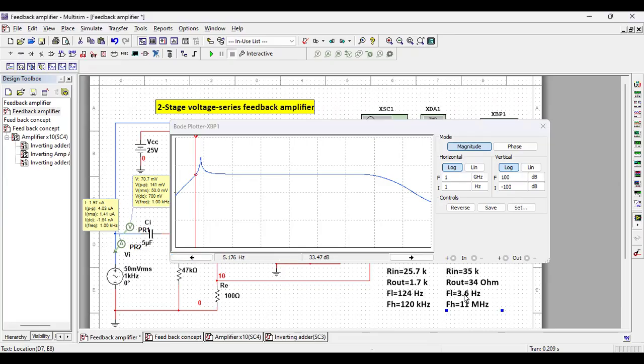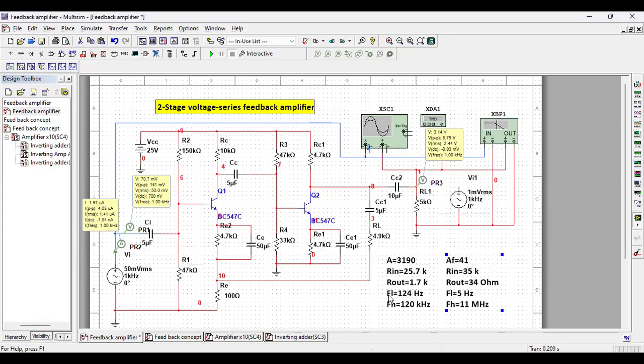So the lower cutoff is now only 5 hertz. So lower cutoff frequency of the open loop amplifier was 124 hertz. That means very, very low frequencies were cut off, but now the lower cutoff is at 5 hertz. This is a fantastic improvement.